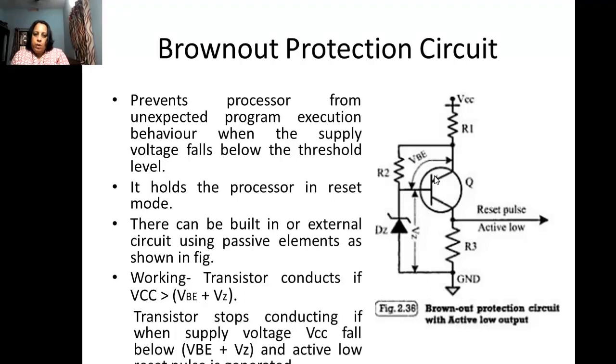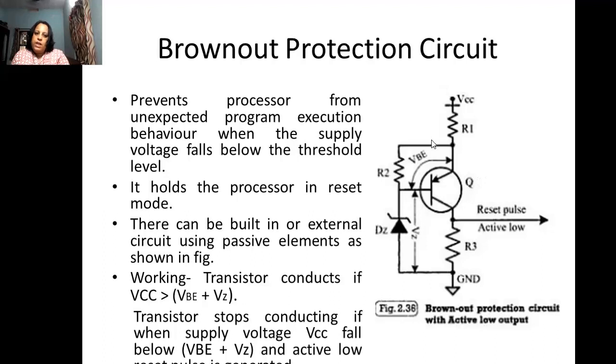How it works: VCC is the power supply. If VCC is greater than the sum of VBE, that is the base to emitter voltage, and the Zener voltage VZ, then the transistor will be in a conduction state, and no reset pulse is activated.